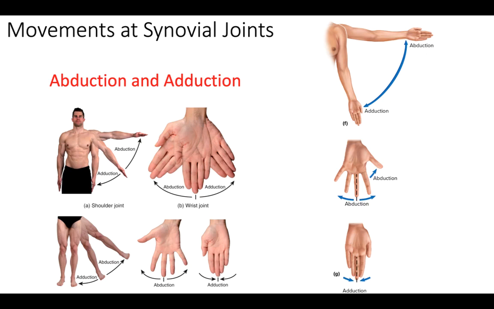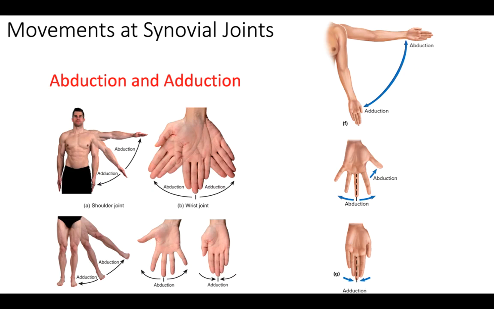The next two are abduction and adduction. Abduction, with a B, is when the body part is moving away from the rest of the body. Adduction, with two D's, is when that body part is moving back towards the body. I always mention, when someone is abducted, they're taken away.